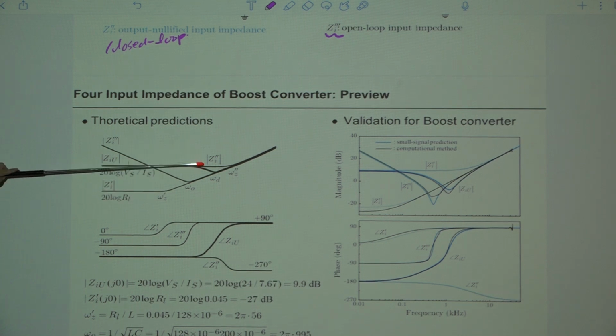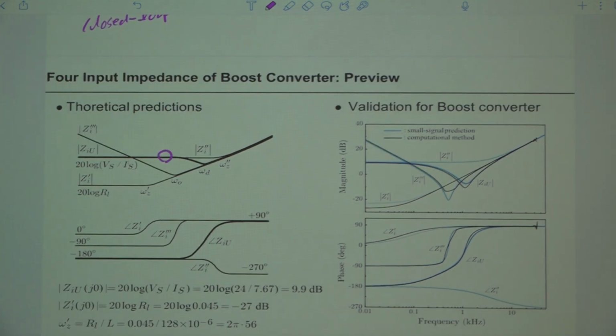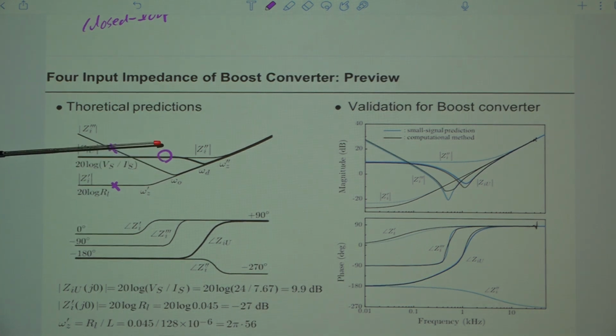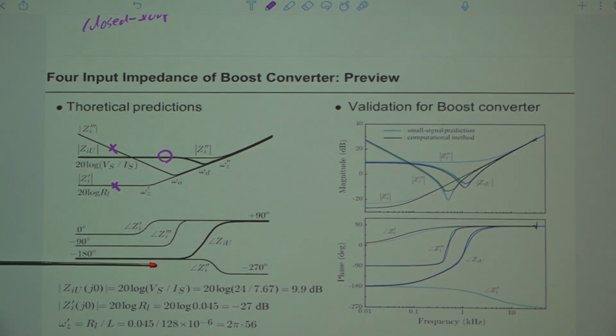This is GIU and GI double prime. Okay, they are closed loop input impedances. And GI triple prime and GI prime are what? They are open loop impedances. Okay, take a look at the phase. The phase here, this GIU and GI double prime, has minus 180 degree phase.